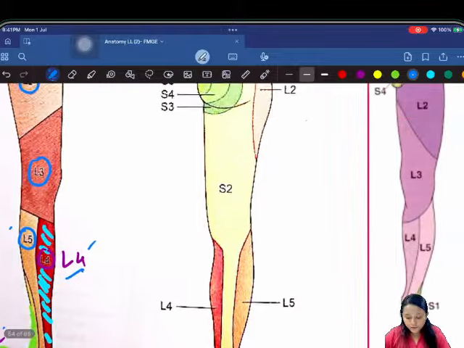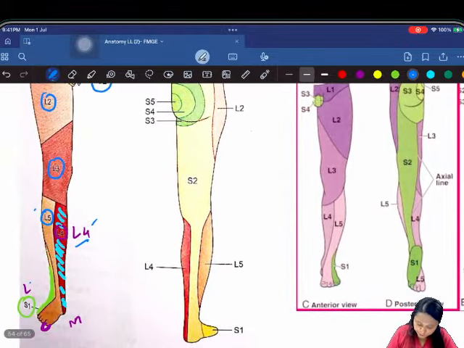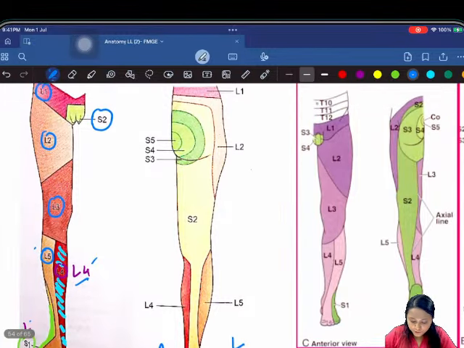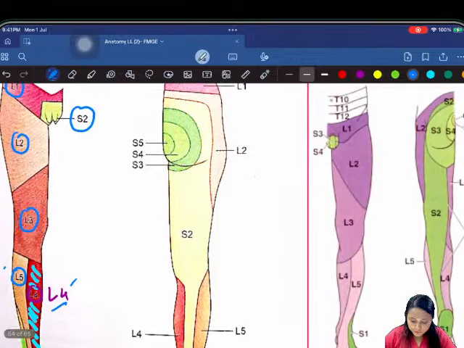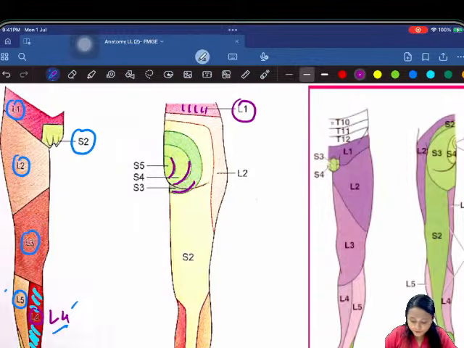ठीक है, now if you go to the posterior aspect, okay, in the posterior aspect this is medial, this is lateral. Now towards the gluteal region एकदम ऊपर में the dermatome will be L1. Okay, towards the gluteal region you have S3, S4 and S5. On the lateral aspect, the lateral aspect upper part you have L2.